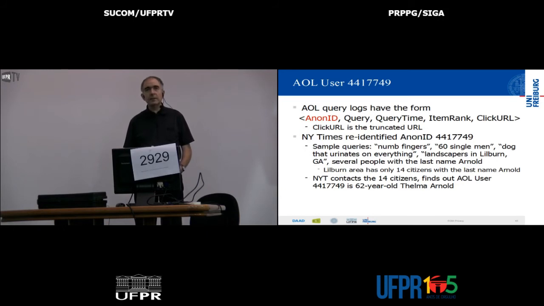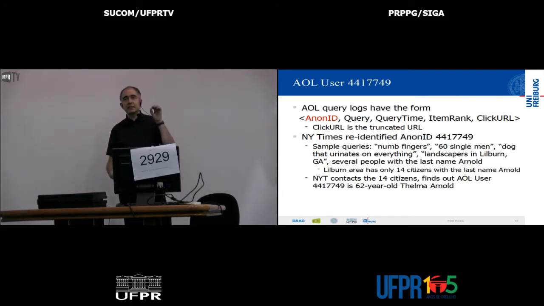You look at the Lilburn register and you find there are 14 citizens named Arnold. You contact them all, and you find out this was a 60-year-old Thelma Arnold. You identify precisely by looking for additional information.